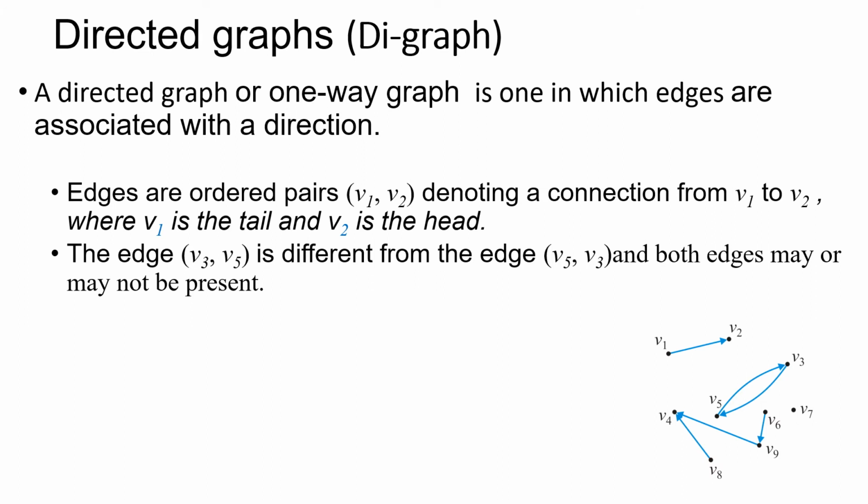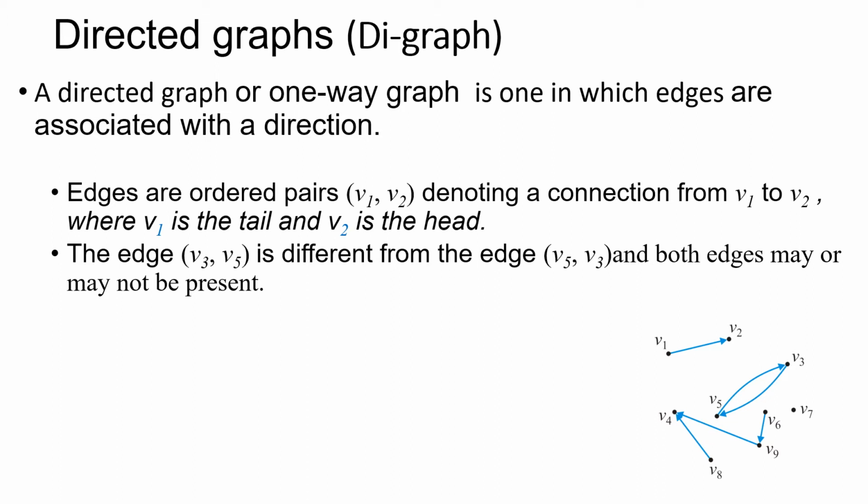A directed graph or digraph or a one-way graph is a graph in which the edges are associated with a proper direction. Suppose the ordered pair V1, V2 is an edge. Then V1 denotes the tail of the edge and V2 denotes the head of the edge. As can be seen in the example, the nodes V3 and V5 are connected by two edges.